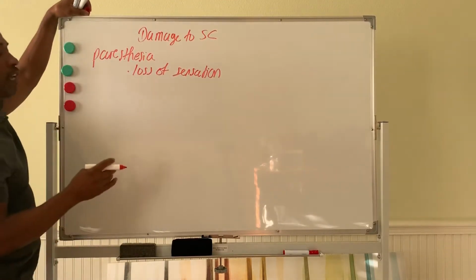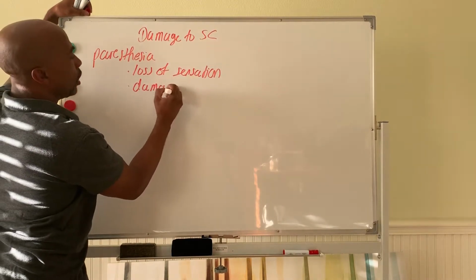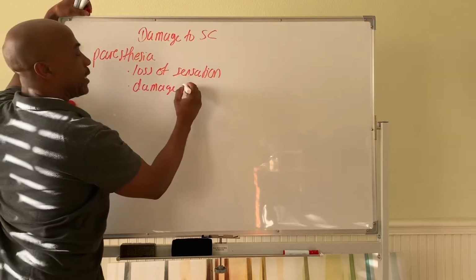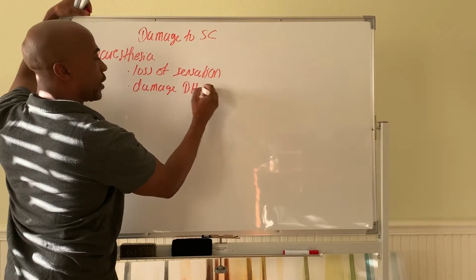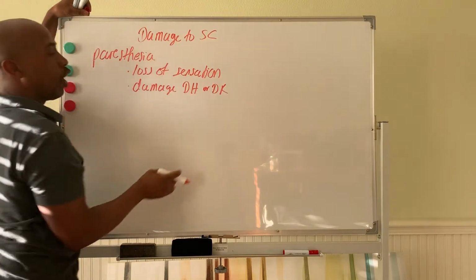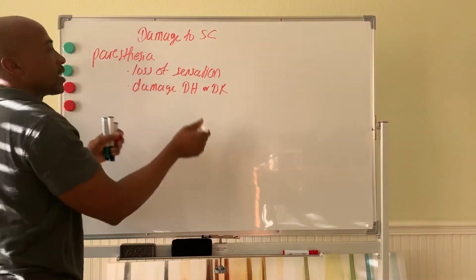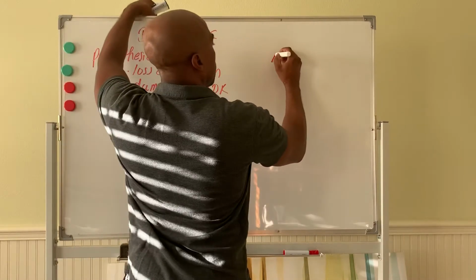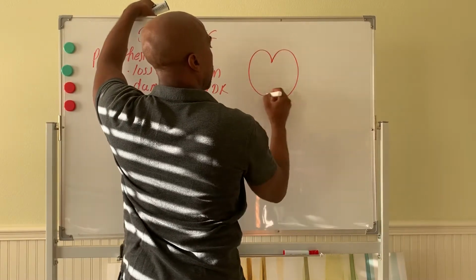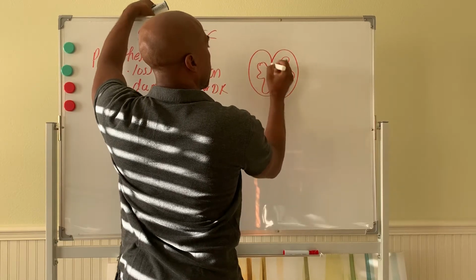And this happens if you damage the dorsal horn or the dorsal root of the spinal nerve. When they get crushed, those incoming sensory neurons, remember this is the spinal cord this way, you have your roots there, your horns there, okay.